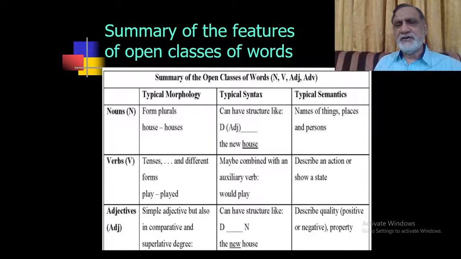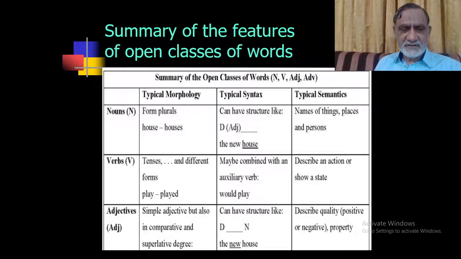It can be used independently also and with auxiliary verbs, like will, would, etc. These are auxiliary verbs. And as mentioned before, from a semantics point of view, they describe an action or show a state. Then adjectives are the third one from open class words.